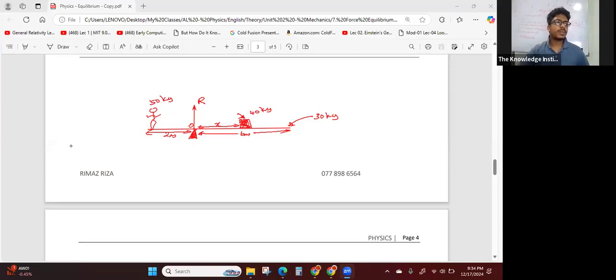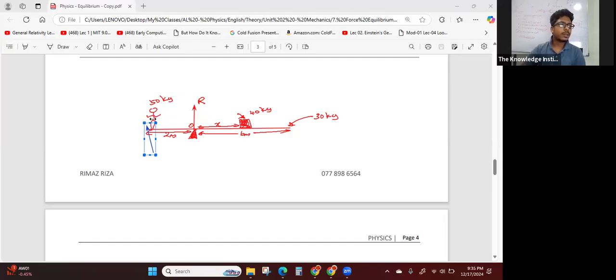So in equilibrium questions, the first thing is you have to mark the forces. Here R will be there. The weight of the boy acts vertically downward.